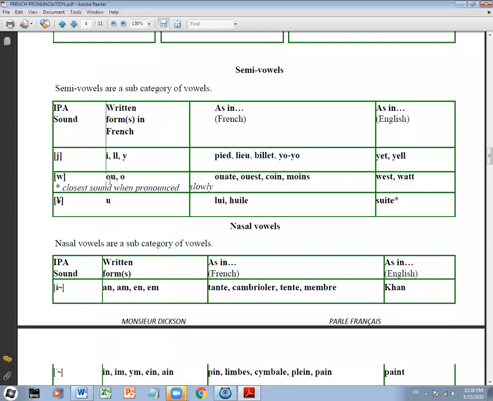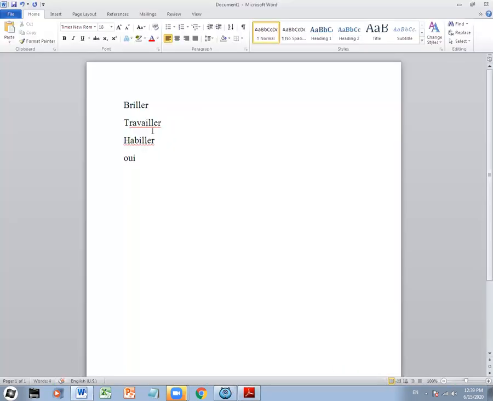Remember when we were talking about the compound vowels, I did allude to that. OU, where we say we in French, just very fast. Remember this word I told you is read as we. We, which means yes.